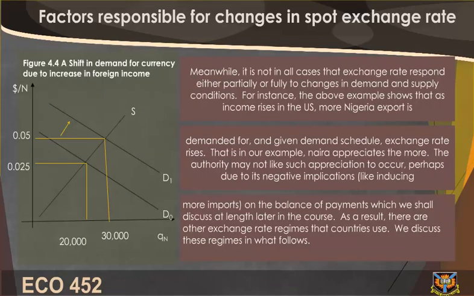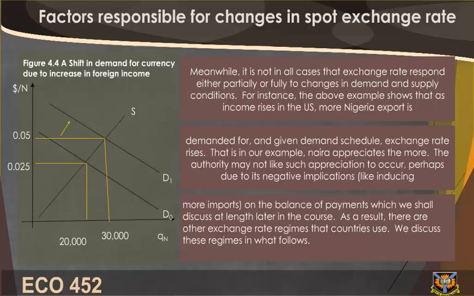Meanwhile, it is not in all cases that exchange rates respond either partially or fully to changes in demand and supply conditions. For instance, the above example shows that as income rises in the US, more Nigerian export is demanded, the demand schedule shifts, and the exchange rate rises. That is, in our example, naira appreciates.